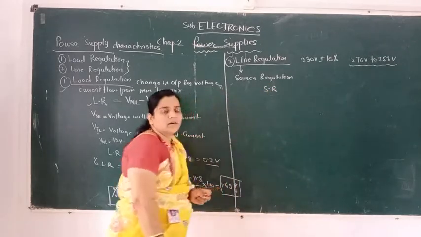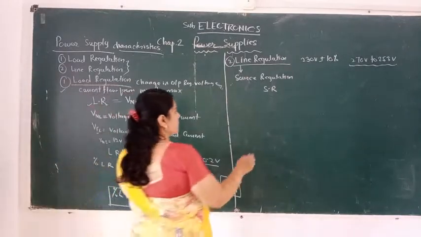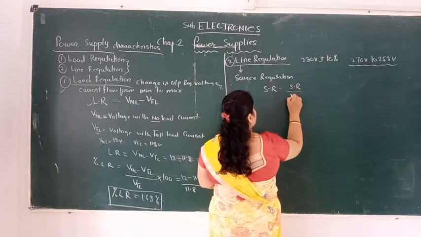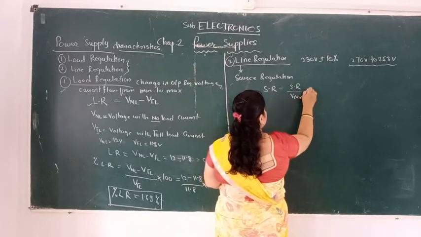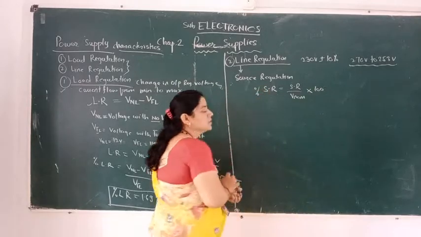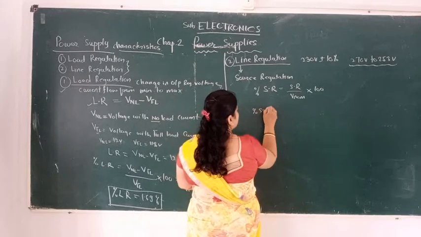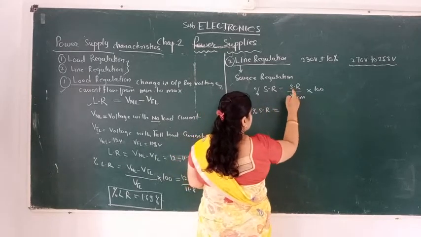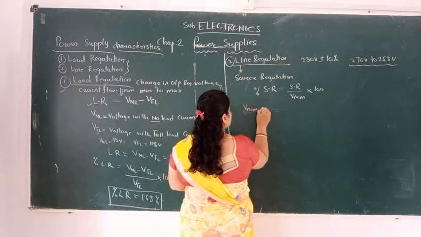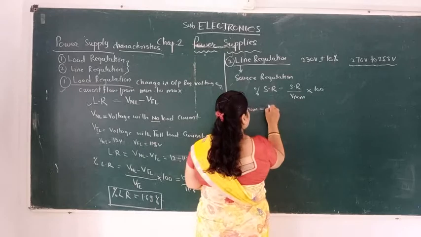How is SR given? SR is divided by V normal into 100. If the percentage of SR is considered, first we see what V normal means: the nominal voltage.